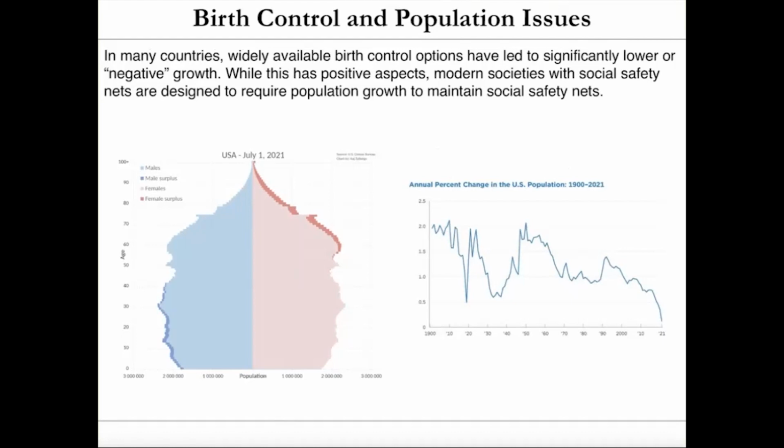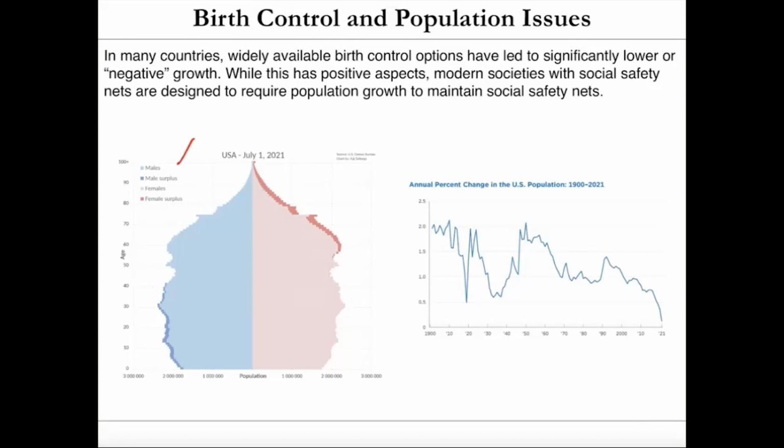So this obviously has positive aspects if you are on the more Malthusian tip, where you think that we should perhaps be decreasing the overall global population because of things like climate change and resources. But modern societies with social safety nets like Social Security are basically designed and set up to require population growth that's going to maintain those social safety nets.